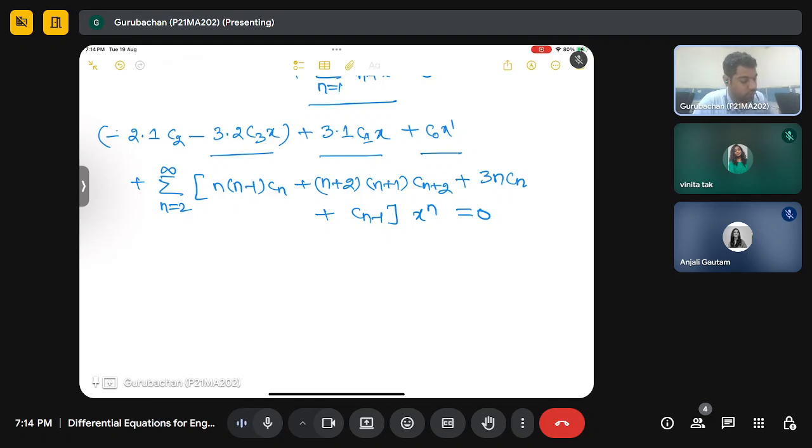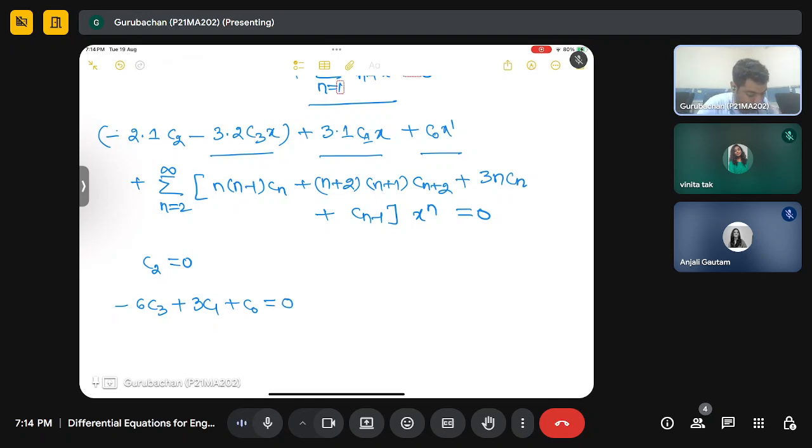So C2 will be directly 0. Your relation between C3, C1 and C0 will be here: minus 6 times C3 plus 3 times C1 plus C naught equal to 0. This will be the second relation that you will get.